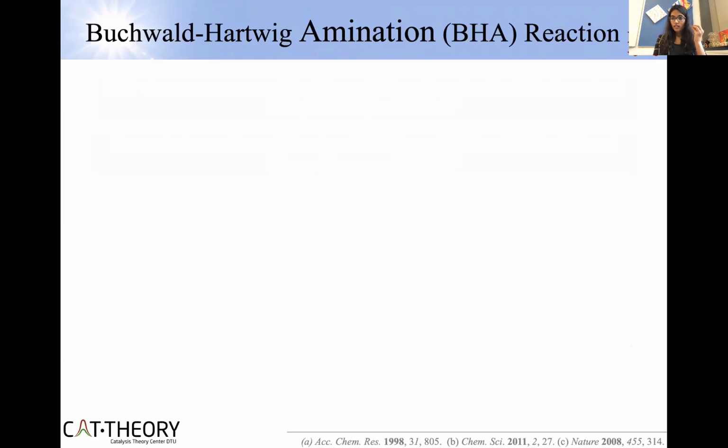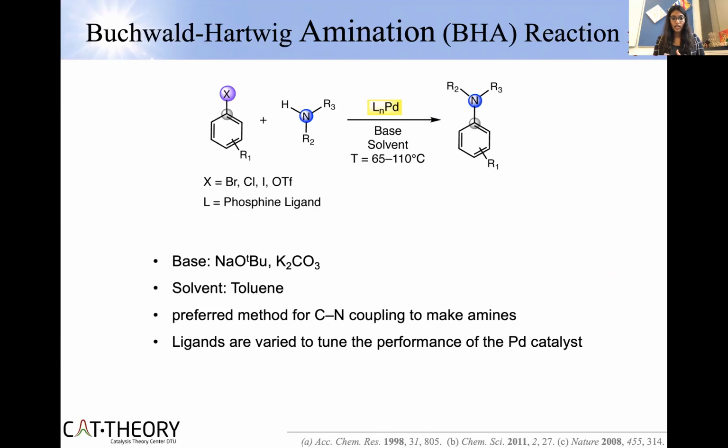With that key question in our mind, we picked a reaction from the literature. It's the Buchwald-Hartwig amination reaction. It's a very preferred method for C-N coupling and for making amines. What it comprises of is an aryl halide, as you see here, where the halide is the X, and it can be bromine, chlorine, iodine, or triflate.